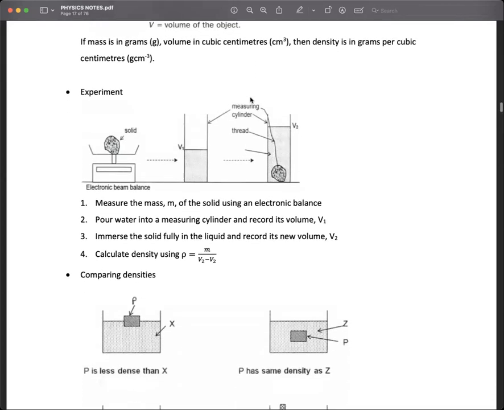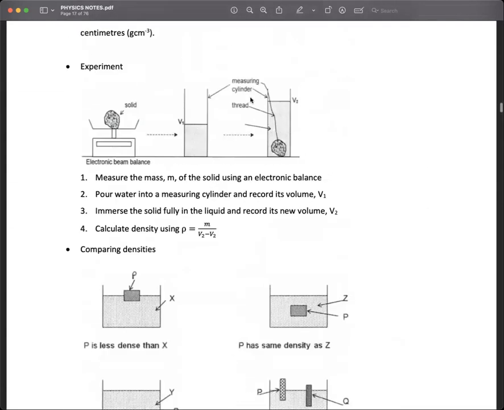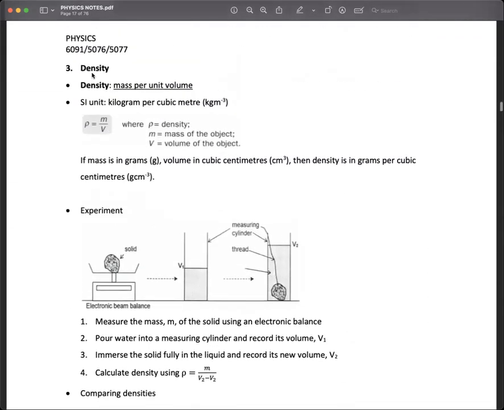Okay, let me share something about density itself. Every pure object has a fixed density. So if you want to measure whether something is pure or not, you just need to find its density and determine whether it is the same as the reported value.